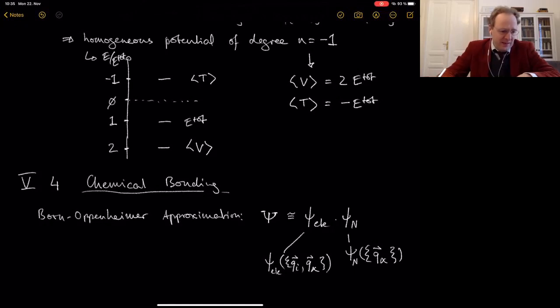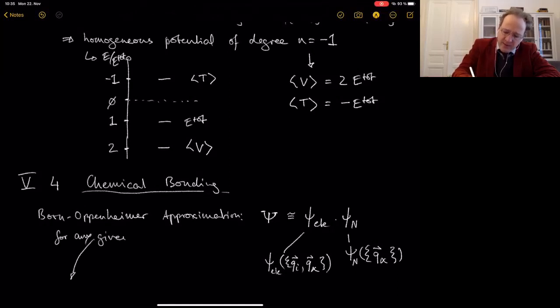Now we solve the electronic problem for any given geometry. This is also known as a single point.